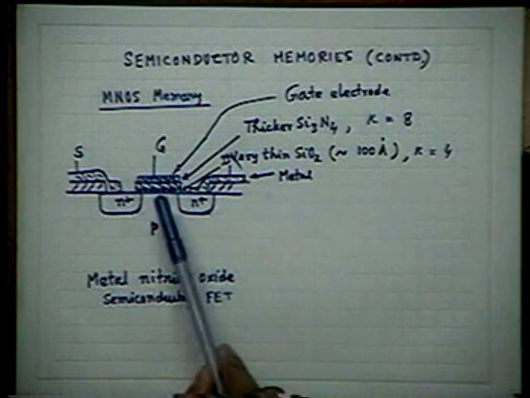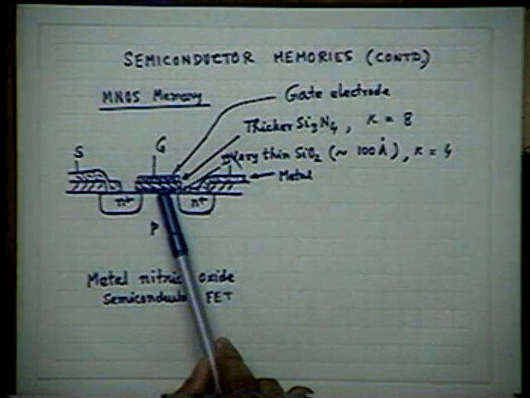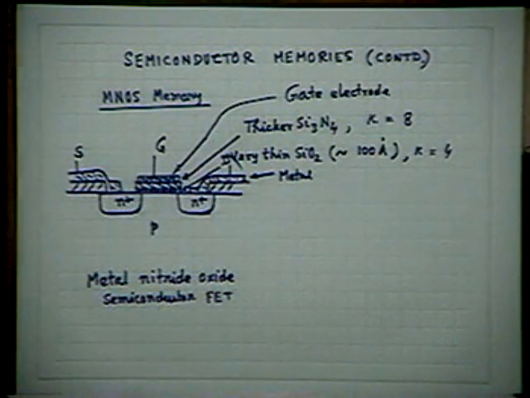You see that both things have been satisfied. The oxide is very thin, less than 100 angstrom, and secondly, within the oxide there is a lot of electric field, of the order of megavolt per centimeter.